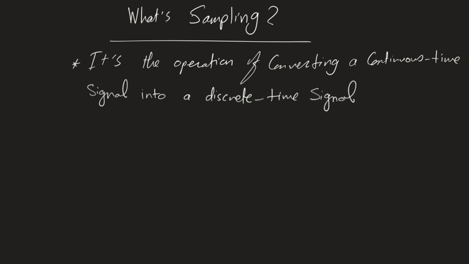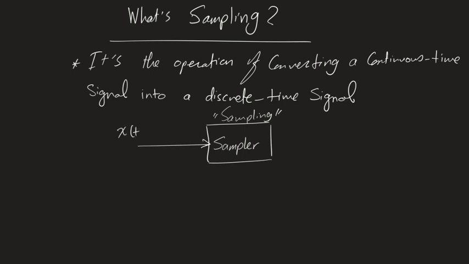Okay, so if I want to represent this by a functional block diagram, I have here something called the sampler block, which is doing the sampling operation. The input to this is going to be some signal x of t, which is simply some continuous time signal, as a function of t.